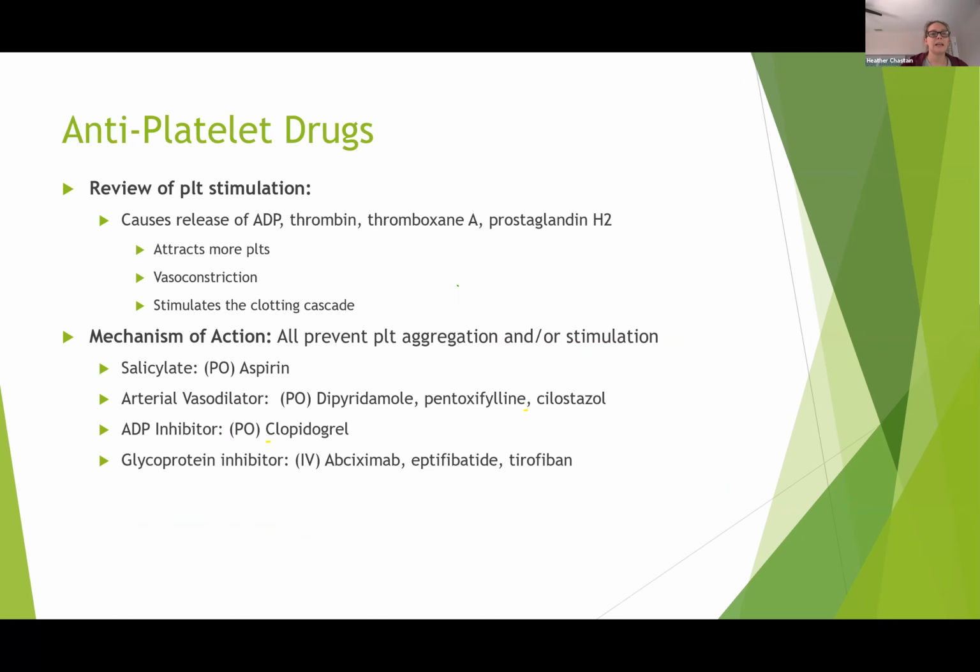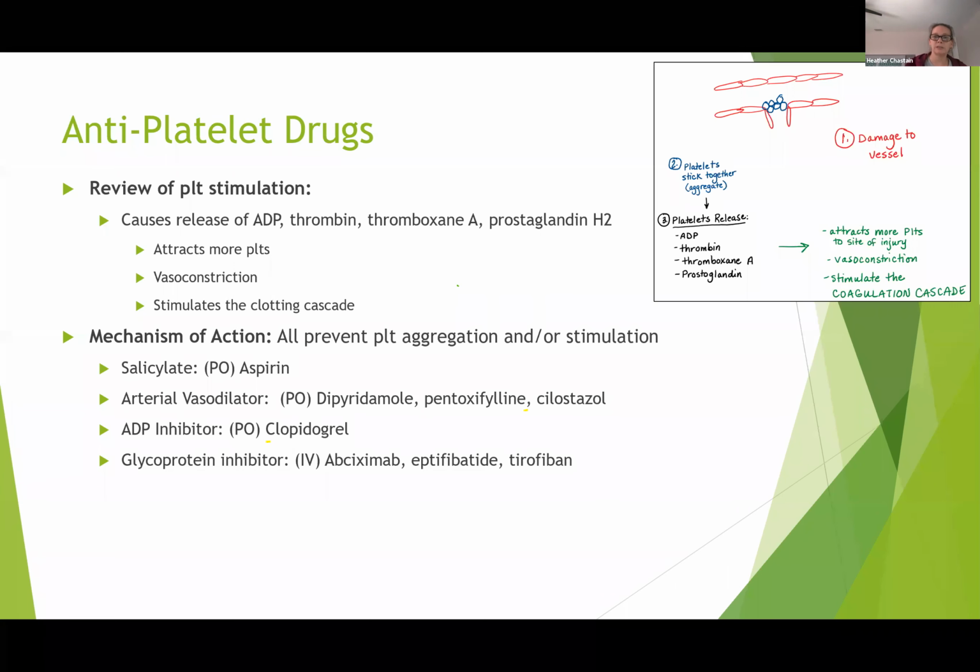Now, antiplatelet drugs. Really, antiplatelet drugs should be called platelet aggregate inhibitors, because they basically prevent platelets from coming and sticking together. So let's review just a little bit. Remember this picture? You have damage to the vessel, and the platelets stick together.